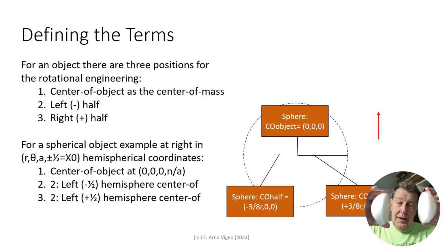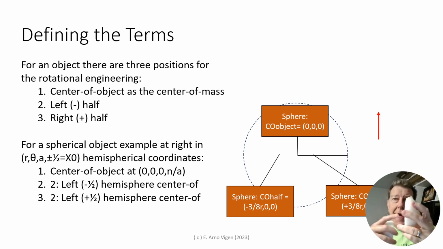Now, these are spheres, so we know that the center of mass position for a hemisphere is 3/8 of the whole radius. So it's not halfway out, it's only 3/8 because there's more mass here. Now, each object you would have to do. That's why I'm using the word half. But a hemisphere is a nice, good thing that you can understand as the first simple example.